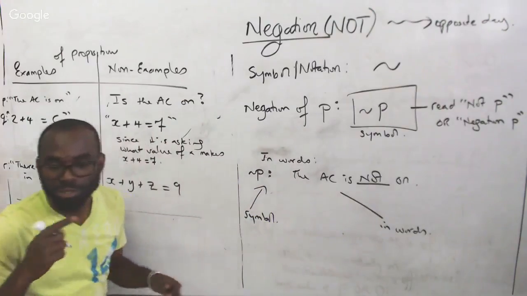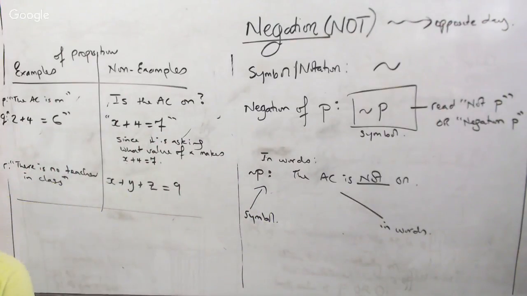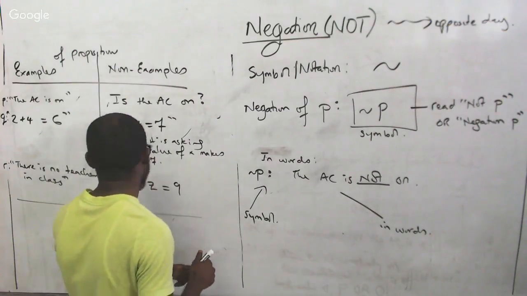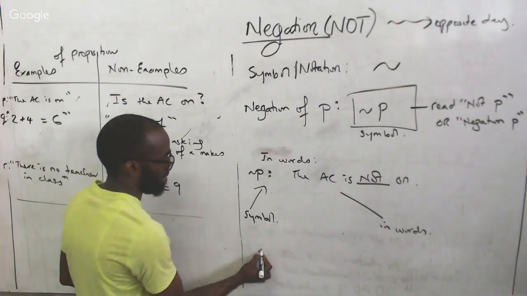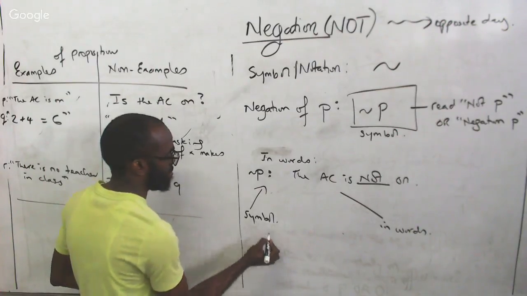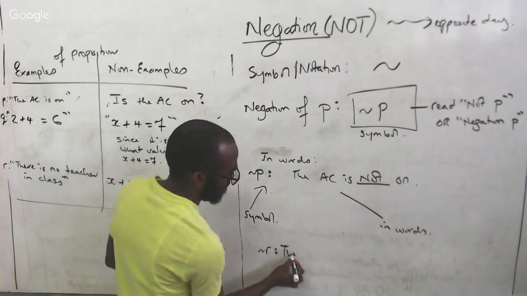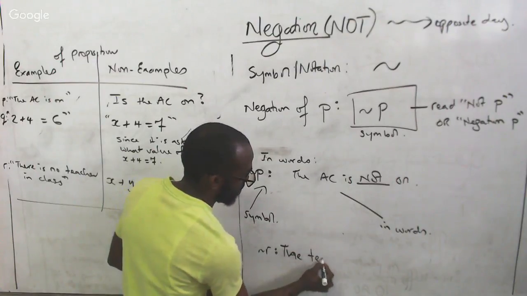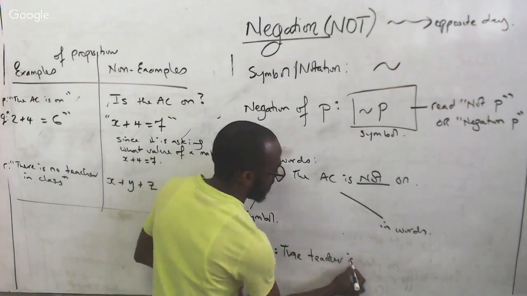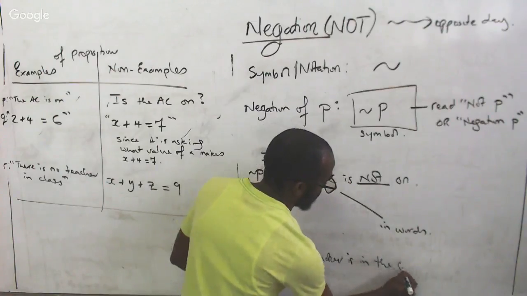And you have to be careful because in the exam they will specify if they want it in words or if they want it in symbol. Yeah? So you have to know both. And squiggly R with that same example is the teacher is in the class.